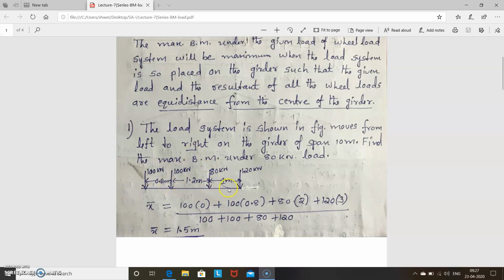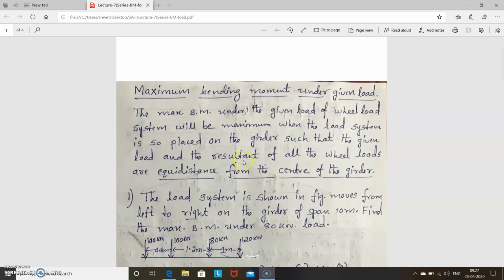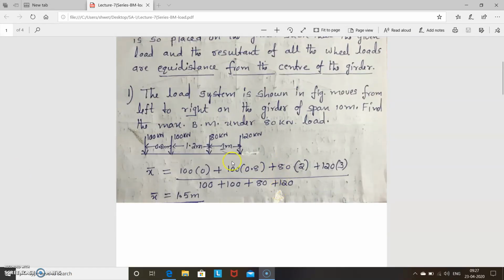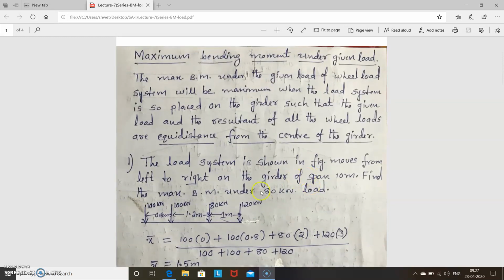For that, here one word you can see, resultant. So first you have to find the resultant of that. How can you find it? All of you know this, you studied in first semester. X bar is equal to, take moment about any point. I'll take about this point.